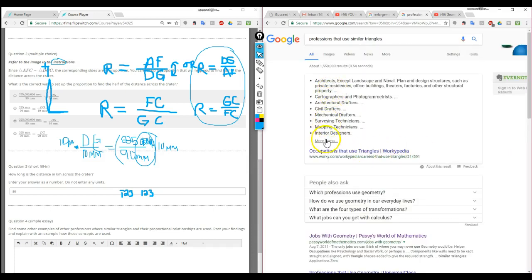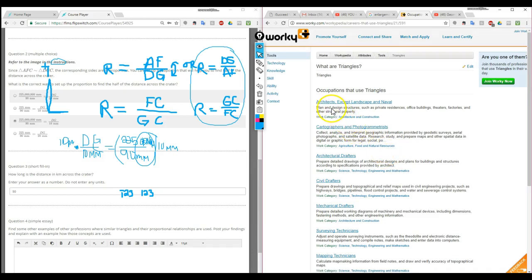And here's a list. Now it's going to be your job to look at it and find out what area they would use a triangle in.